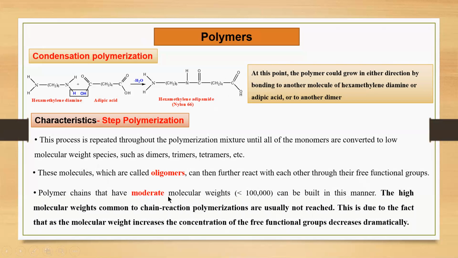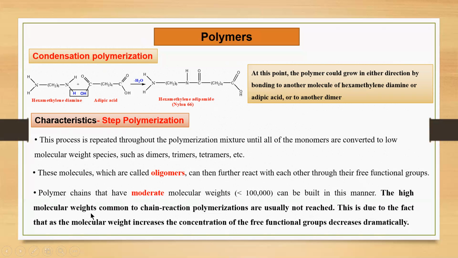Polymer chains that have moderate molecular weights, not very high molecular weights, can be built in this manner. The high molecular weights common to chain polymerizations, as we discussed in chain growth polymerization, where we can get polymer chains of high molecular weights, we cannot reach up to that point in this type of polymerization.